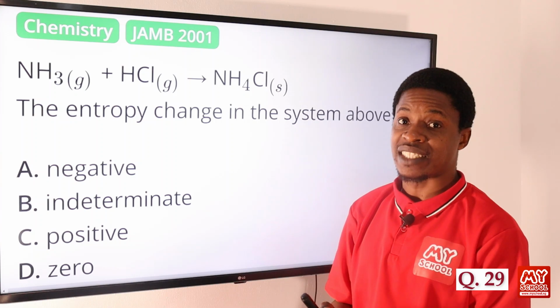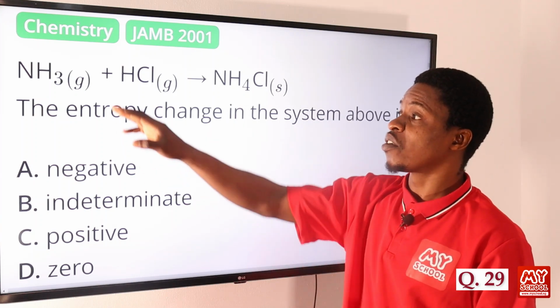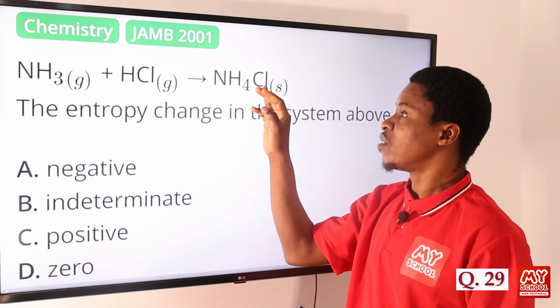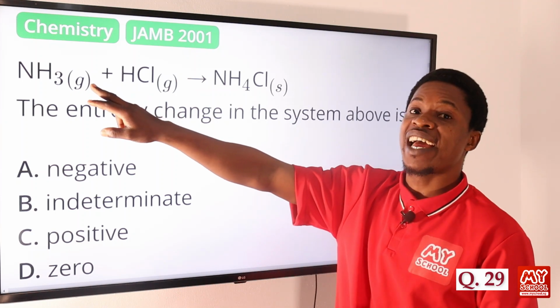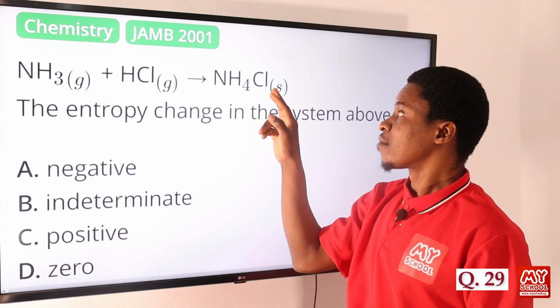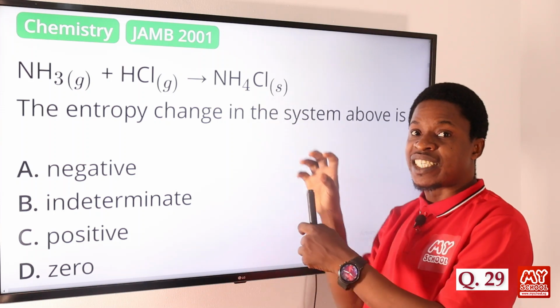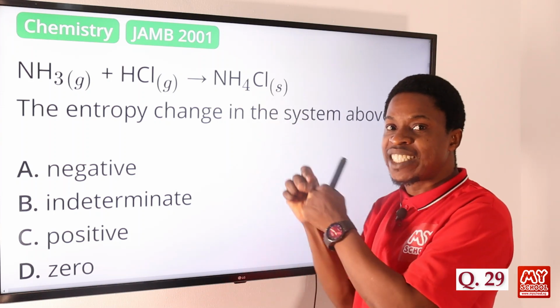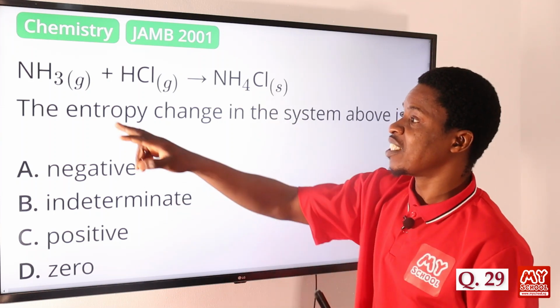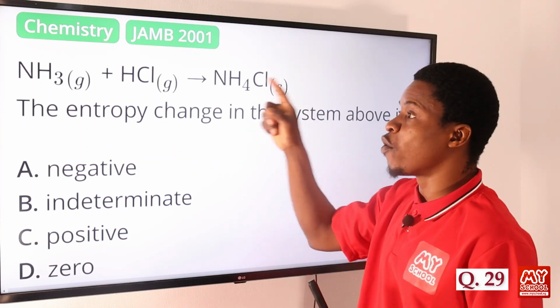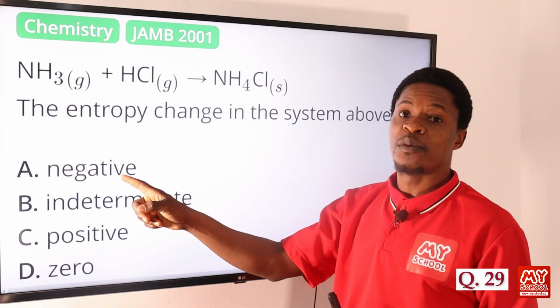So because of that, we are having a deposition from gaseous to what? To this. So entropy is higher here, and then it is lower at this point. So there's a decrease. So eventually you are going to have a negative value of entropy change, because the entropy change in the system above is going to be what? Negative.